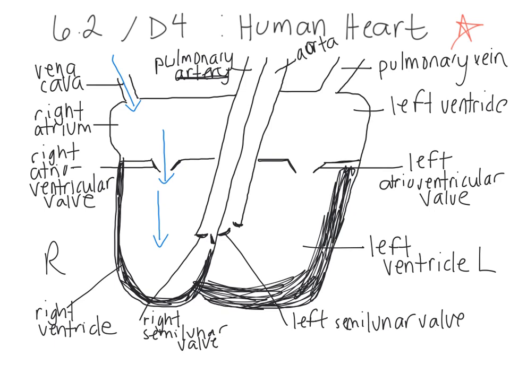That contraction is going to push these right atrioventricular valves closed, and it's going to cause the right semilunar valves to open. Blood is going to go through those right semilunar valves into the pulmonary artery, where it's going to head to the lungs. It's going to pick up a bunch of oxygen at the lungs. It's going to re-enter the heart through the pulmonary vein. Once in the pulmonary vein, it's going to enter the left ventricle.